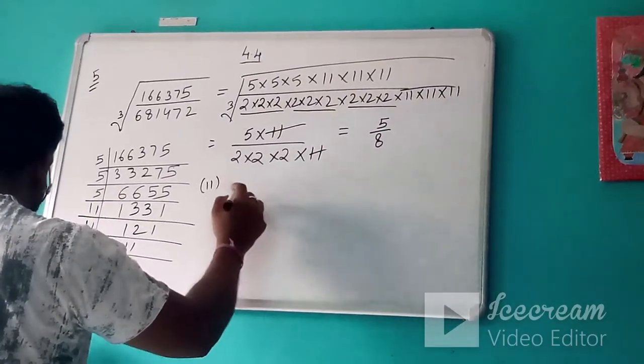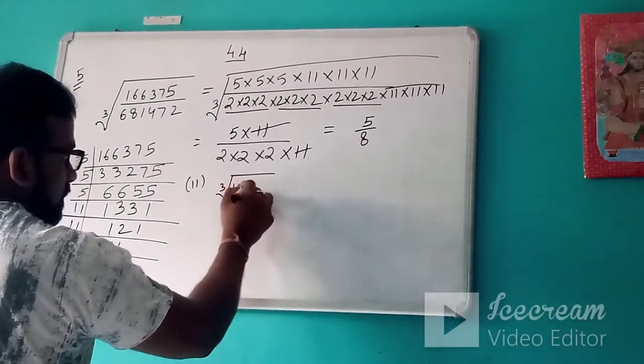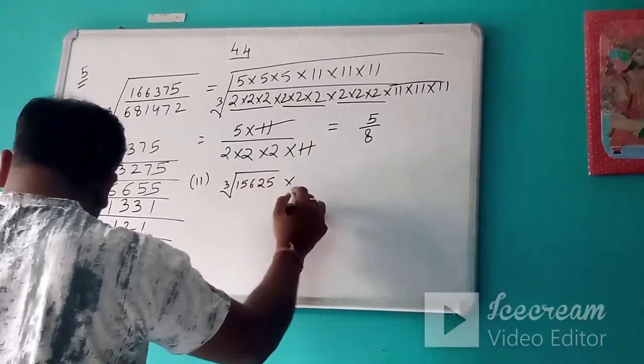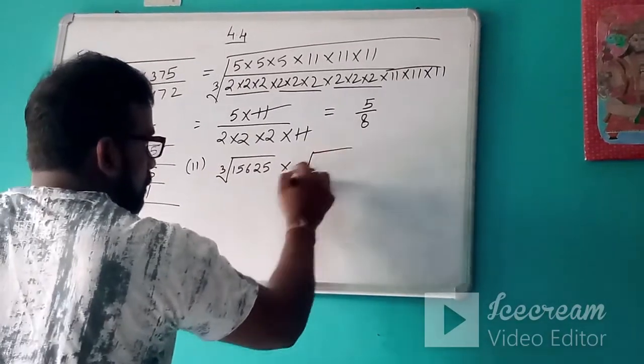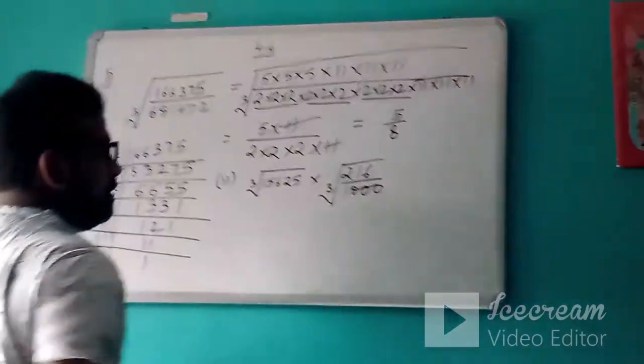Or suppose it is in this form, 15625 into the cube root of 216 upon 1000.